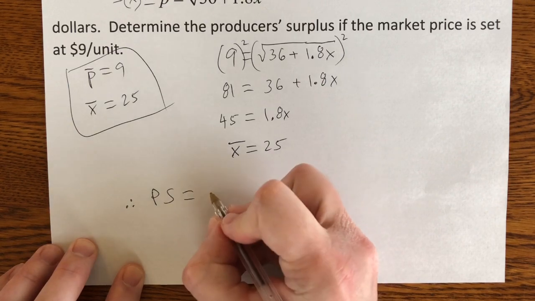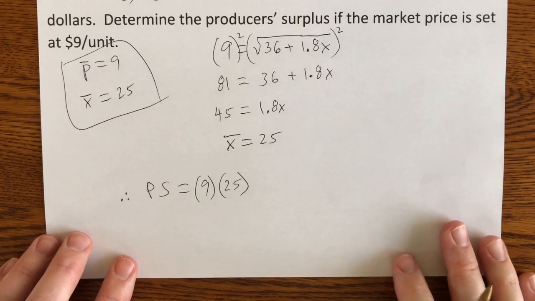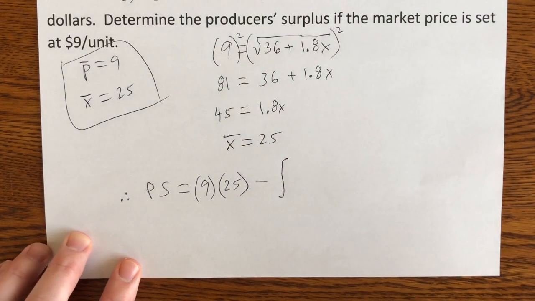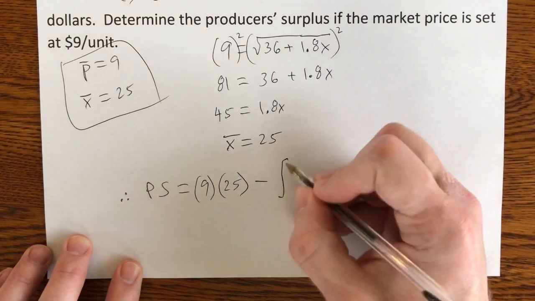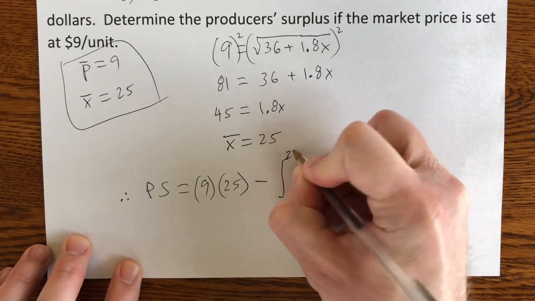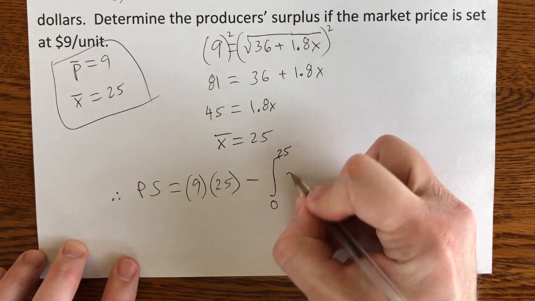So it's going to be 9 times 25, and now minus the area below the curve of the supply function. So that's going to be the definite integral from 0 to x bar. It's always 0 to x bar. So this is going to be 25. And this is our model.